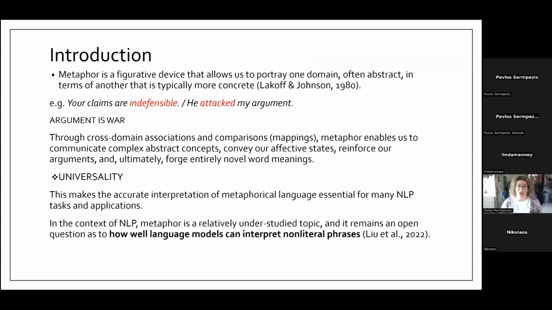Okay. So as a brief introduction, I want to say a few things about metaphor. We consider metaphor a figurative device that allows us to portray one domain, an abstract domain, in terms of a more concrete domain.